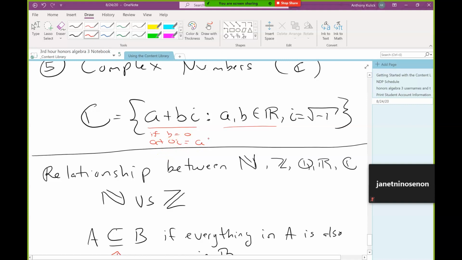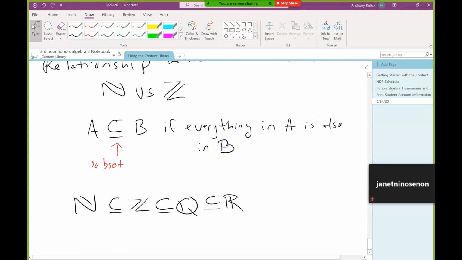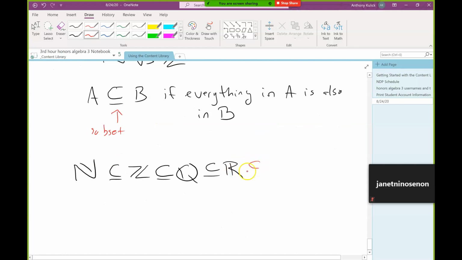And what is a again? Just a real number, a single real number. So all the real numbers are also contained in the complex numbers, right? It just means that the b part is 0, so all you're left with is a single real number.